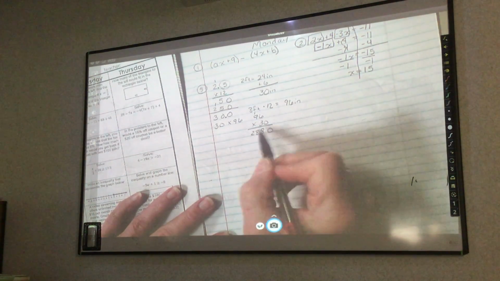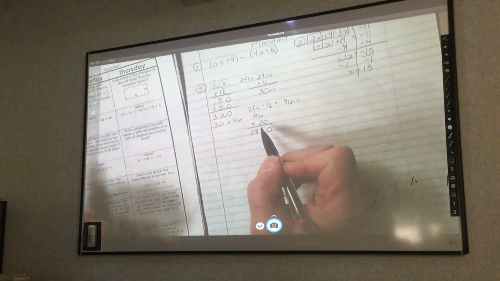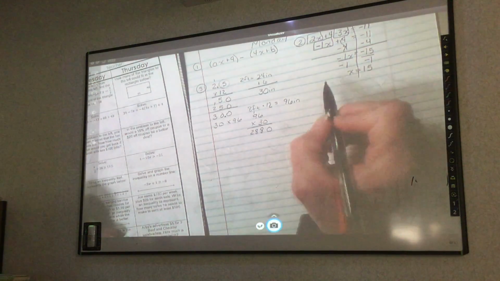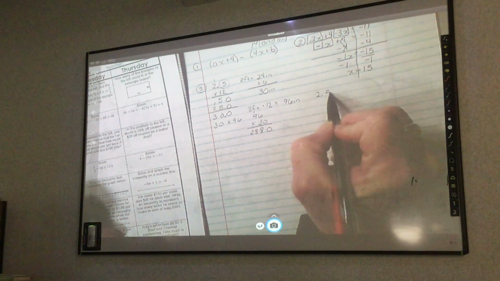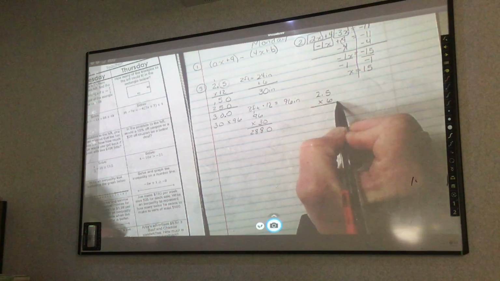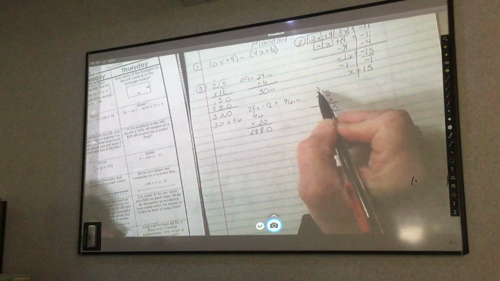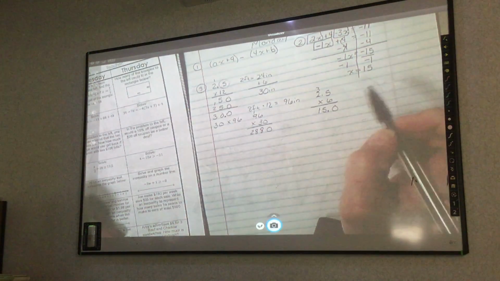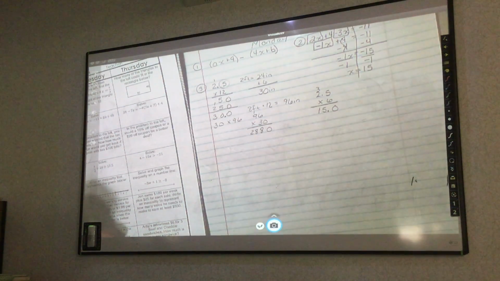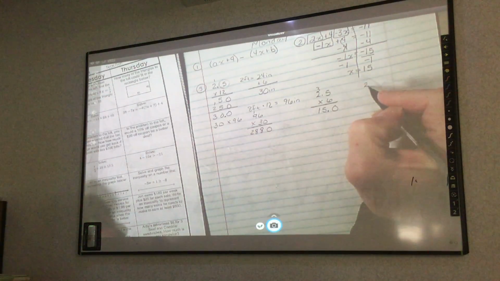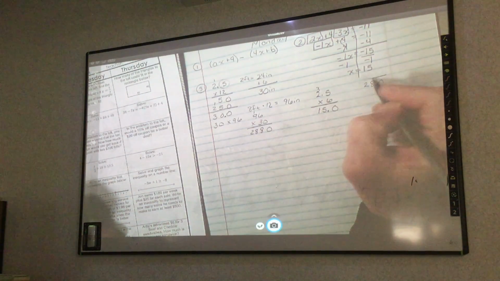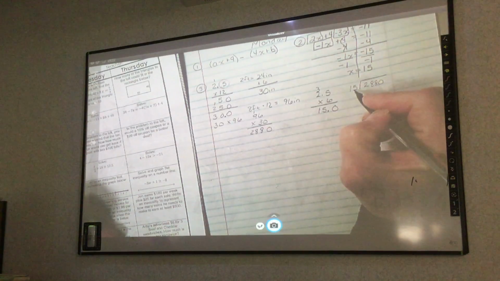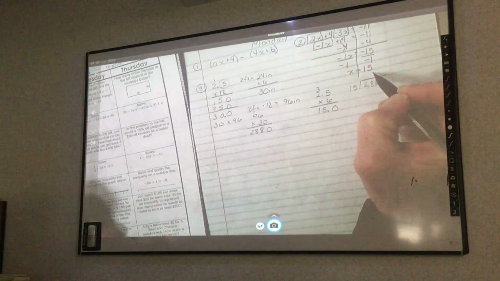This is my backsplash. Now I need to go back to the tiles. The tiles are 2.5 by 6. So that's 30, 12, 13, 14, 15. So my tiles are 15 inches squared. So then I take my 2,880 divided by 15. 15 goes into 28 once.